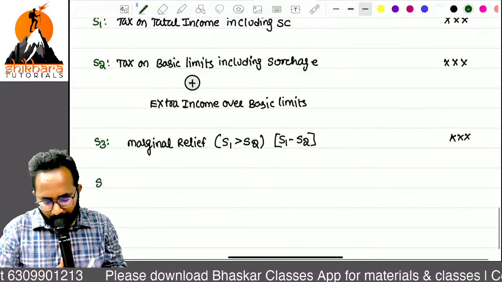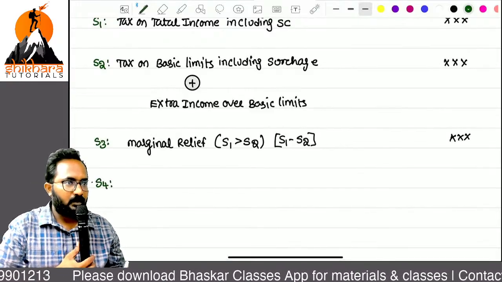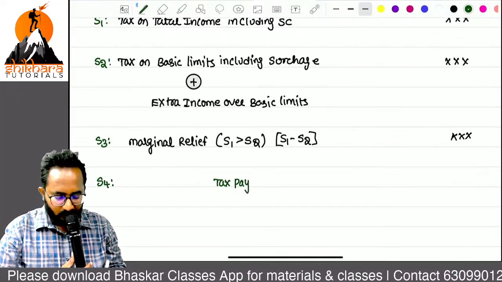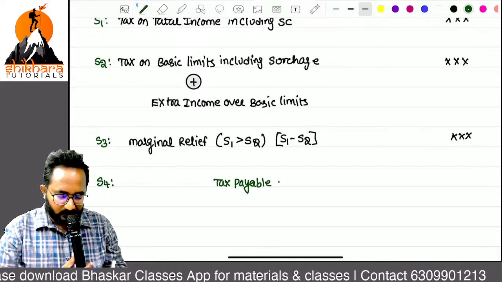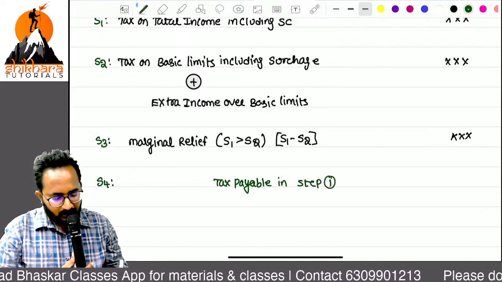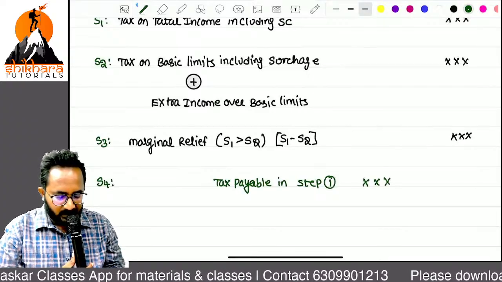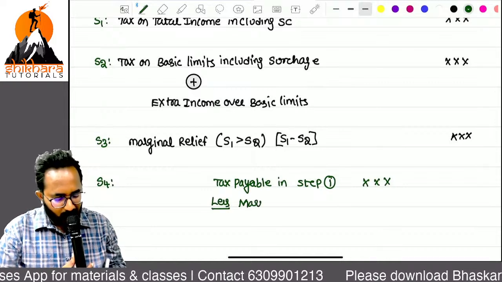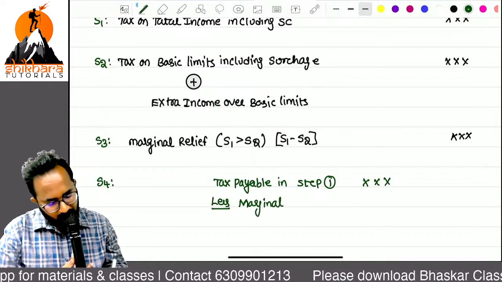So next, step 4, very important, ma. The tax payable whatever is there in step 1, that you have to clear. Tax payable in what, ma? Step 1. Yes. From this they are given the what, ma? Marginal relief. Sir, in which step do we know the marginal relief? Step 3.